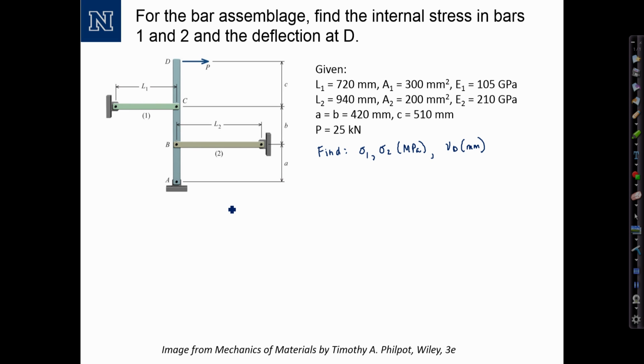Okay, so for compatibility, I need to consider the deflection in each of these members as the bar rotates. So I'm going to draw the rotation of the bar, something like that.